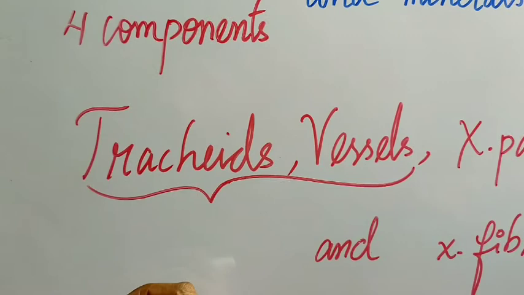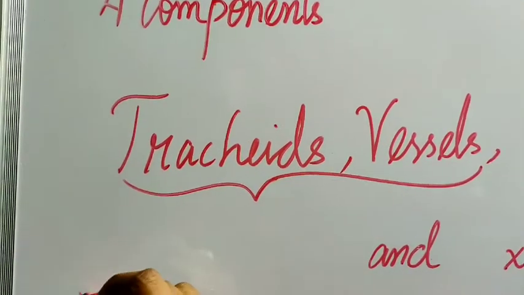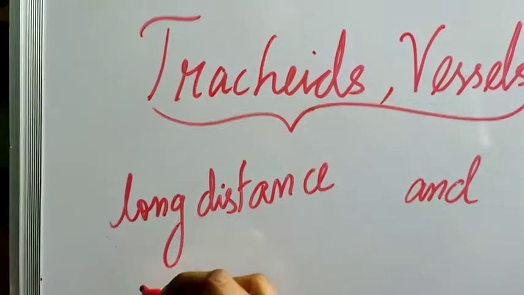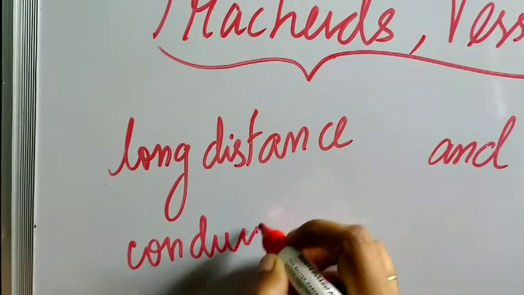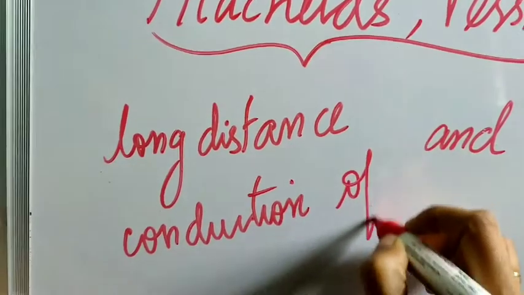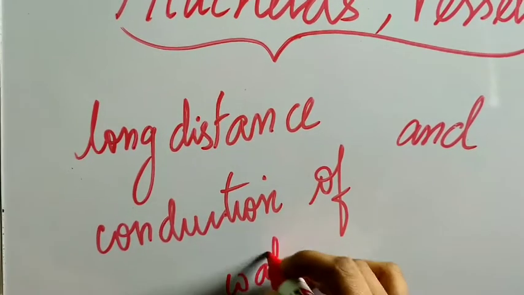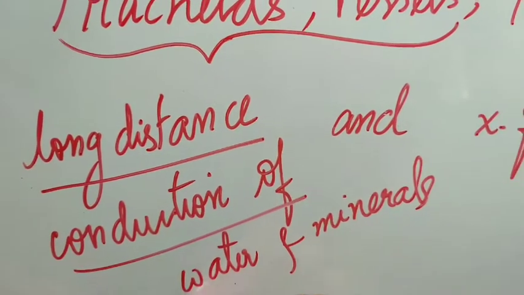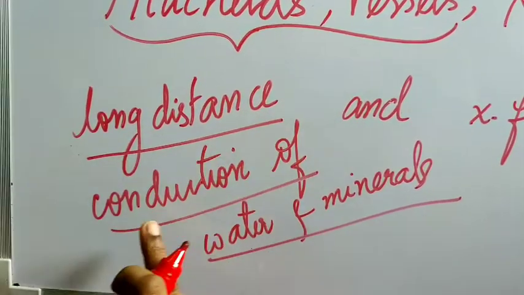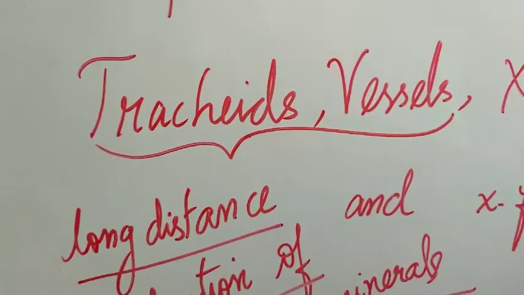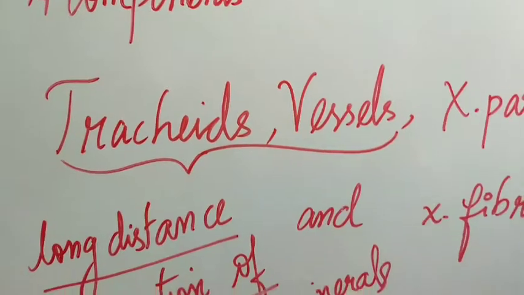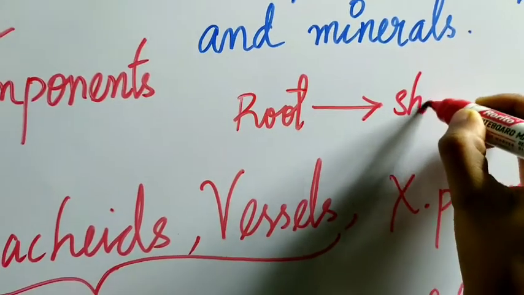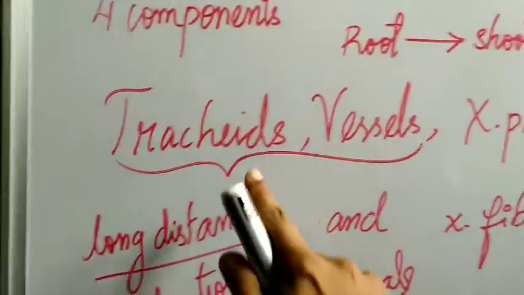That is, tracheids and vessels are involved in long distance conduction of water and minerals from the root to the shoot of plants. That is the function of tracheids and vessels.